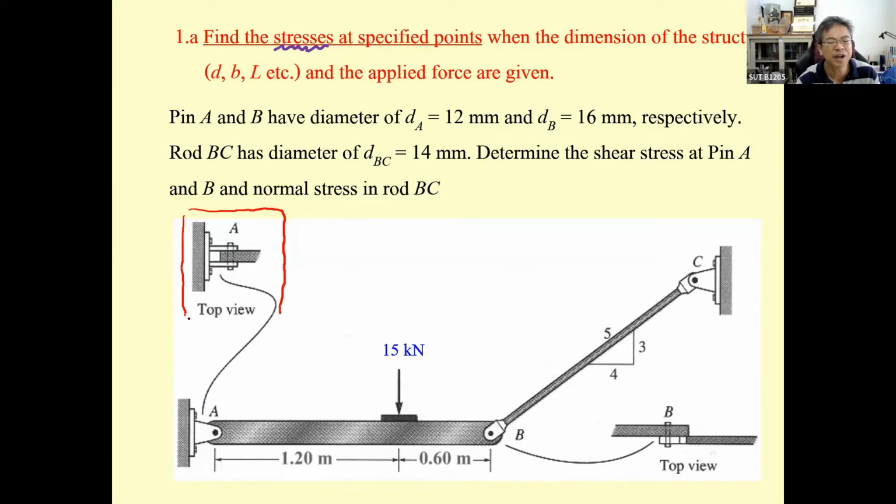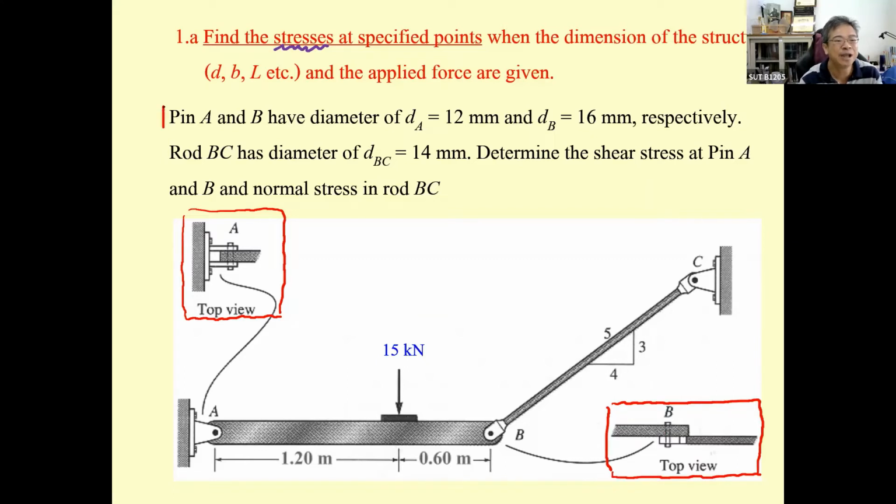Is it a single shear or a double shear? Anyone answer me, please? The connection at A? It's a double shear. Good. And if you know the connection at A is double shear, then this one is single shear.